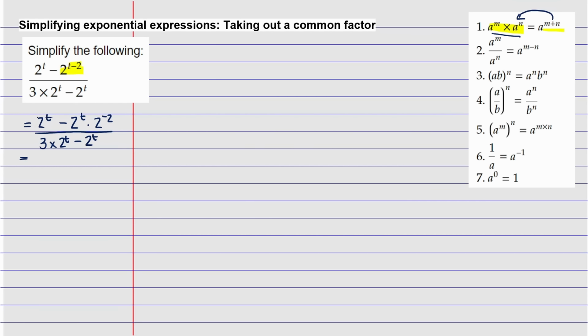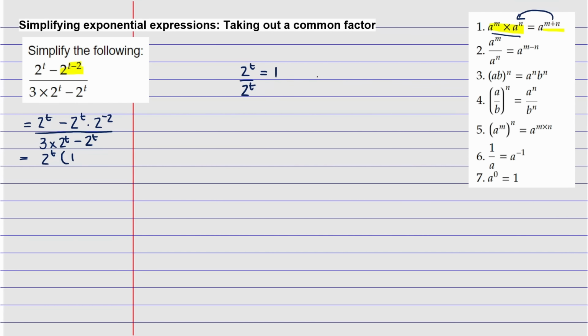Now, do you see that I can take out a common factor of 2 to the power t? If I say 2 to the power t, I'm going to be left with 1, using the same rules of common factor. If I say 2 to the power t divided by 2 to the power t, I'm going to get 1. That's why we have 1 here.